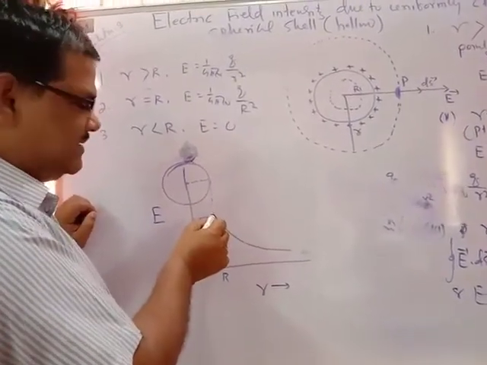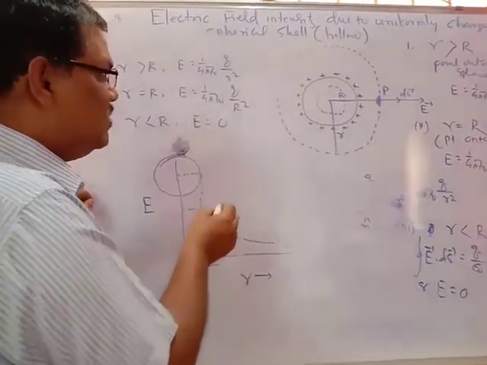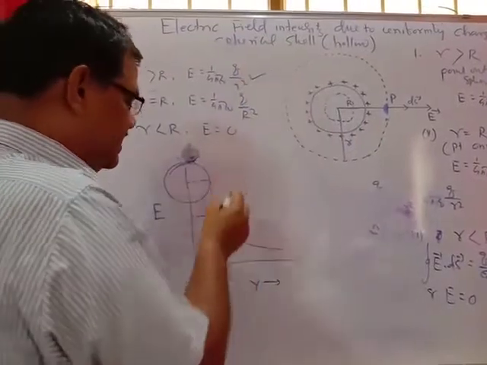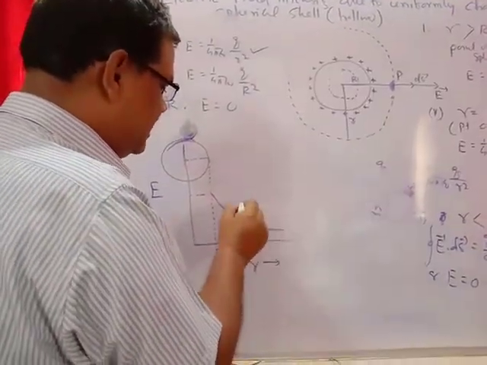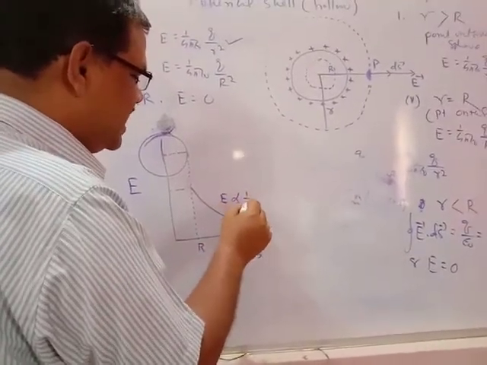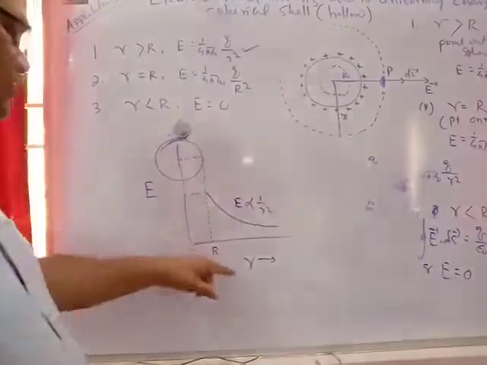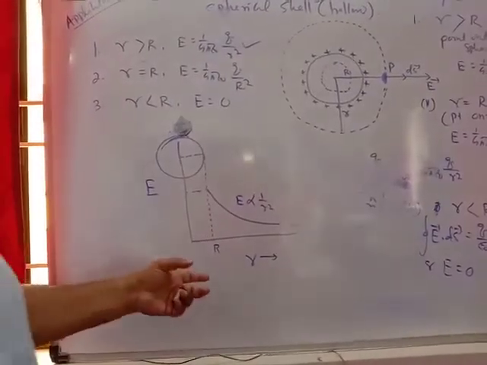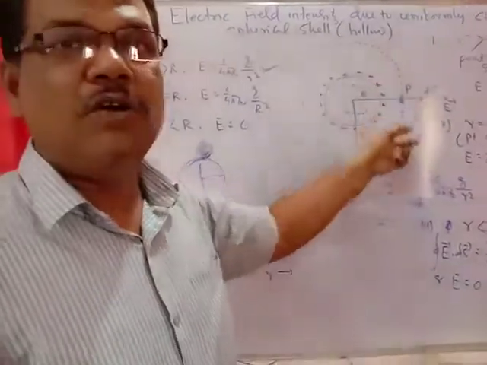The graph starts from here at a distance of capital R, then gradually decreases, following E inversely proportional to r squared. So this is the graph of E versus r due to a uniformly charged hollow spherical shell.